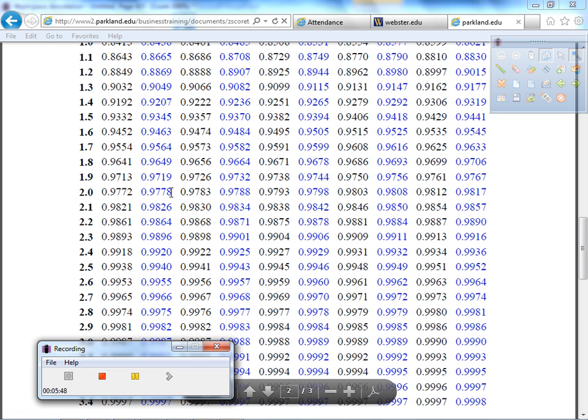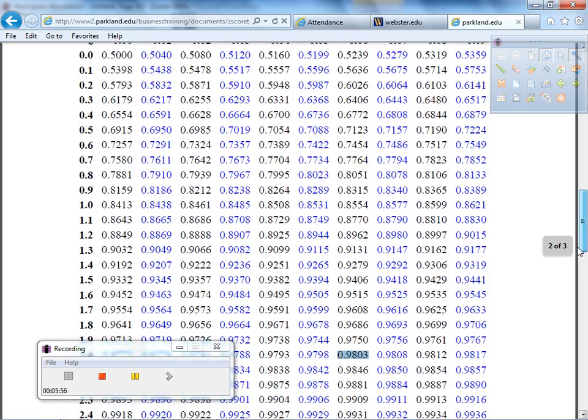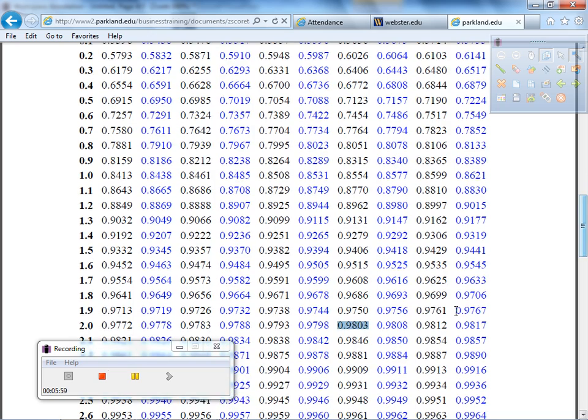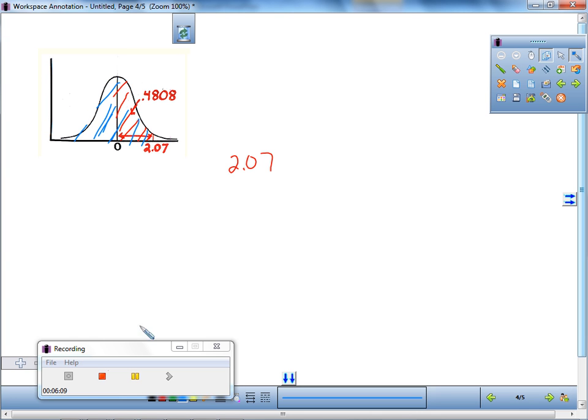Alright, so for 2.07, we come over here, so it should be, nope, one more over. Alright, so it's going to be 0.9808 as our z-score.